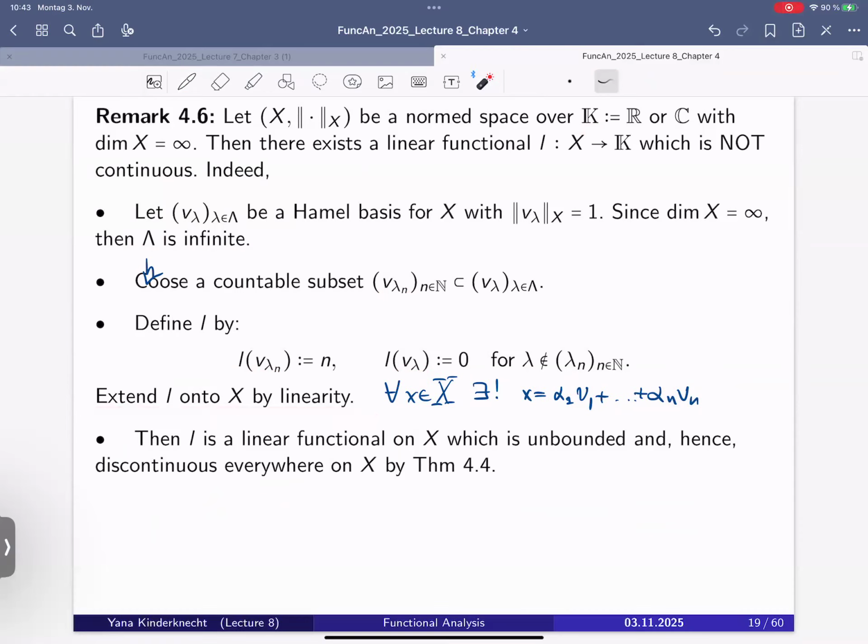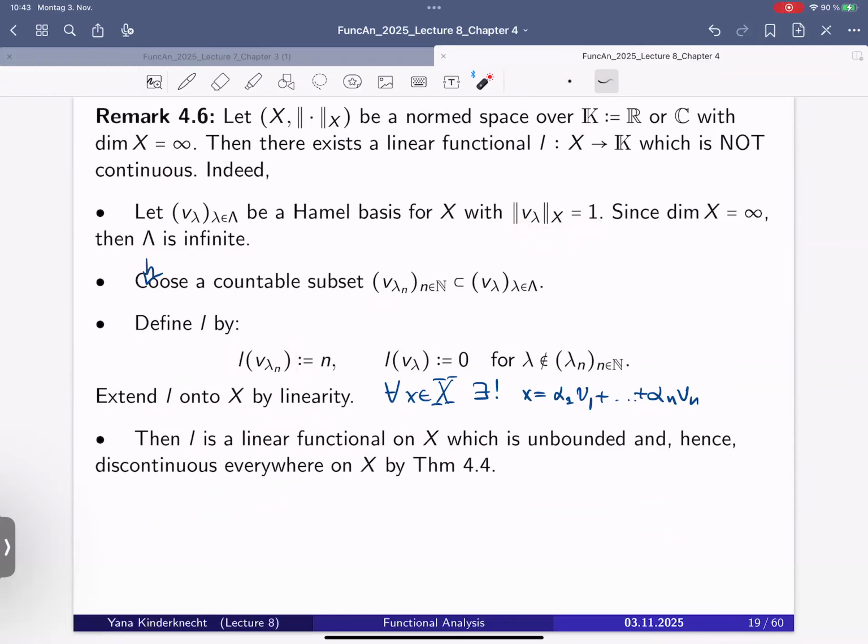So what do we have then? We have a linear functional on the whole space X, which is unbounded, because we have unit vectors, and L over such particular unit vectors is growing. So if we consider the supremum over all vectors from the unit sphere, it will be infinity.